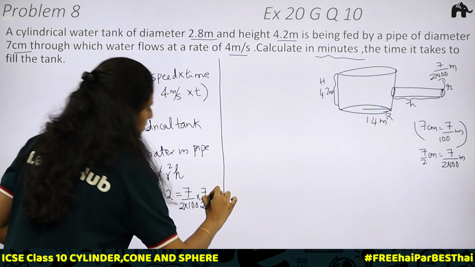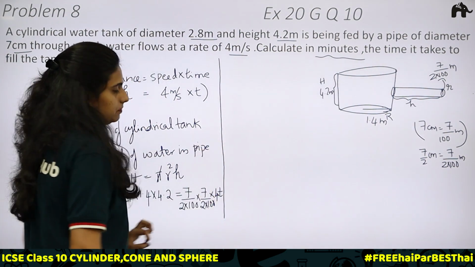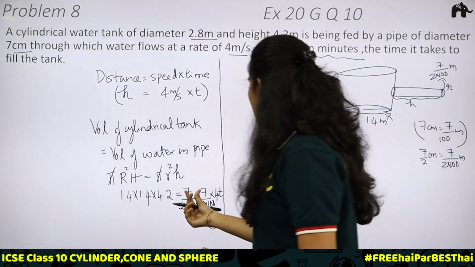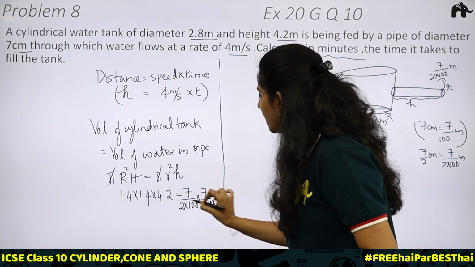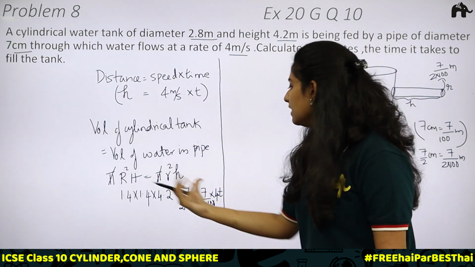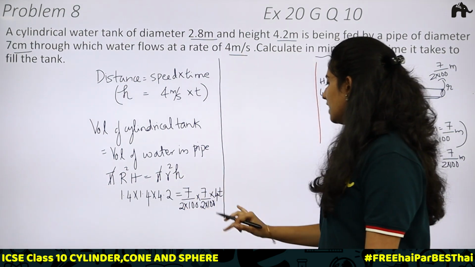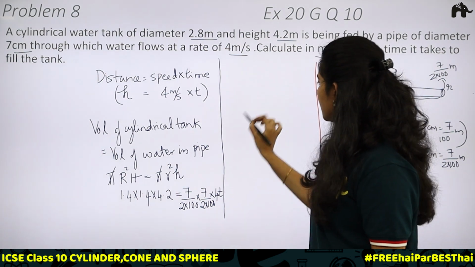In place of h, we will be putting 4 into t. Okay. So, here we are not reducing the 7 divided by 200 because the cancelling and the calculation will become easier.